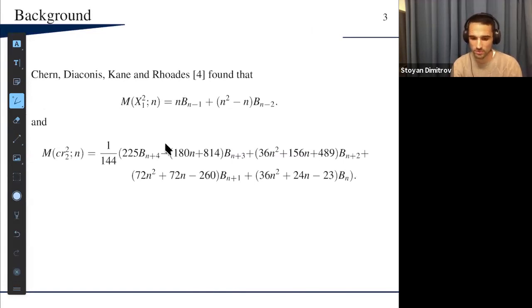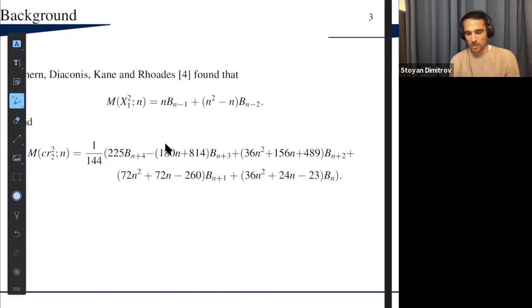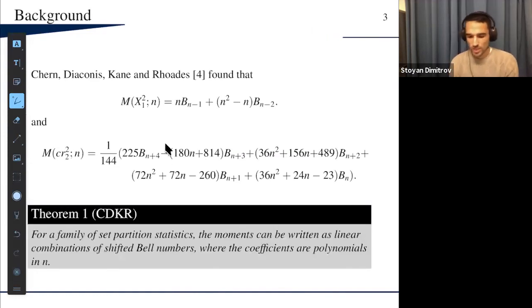This is very interesting, and what they proved in addition was that such formulas can be given for the moments of any statistic over set partitions of a certain family. So if my statistic is in a certain large class of statistics, then I have such a formula.